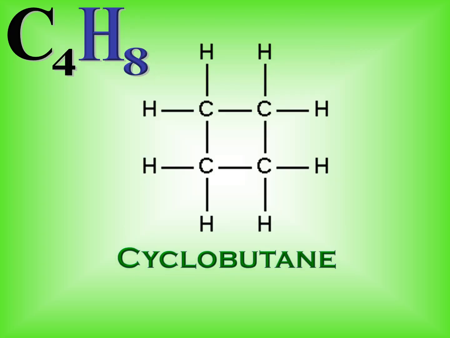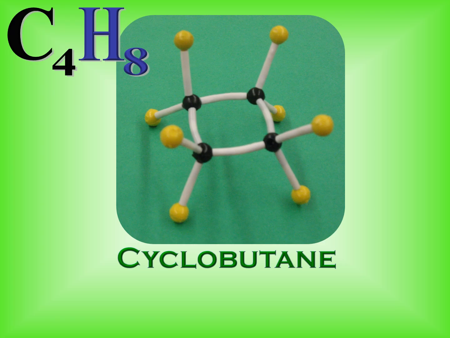The next cycloalkane is cyclobutane, which of course looks kind of like a square of carbon. Not exactly a square because it's not coplanar, but it's C4H8 because CnH2n. And it looks something like this. Here's the model. Okay, so notice that still every carbon has 2 hydrogens attached, in addition to being attached to the 2 neighboring carbons.